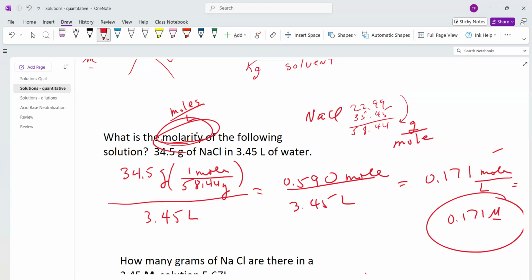To do this in one step, you'd go 34.5, hit the divide key, 58, divide key again, 3.45. That's the same answer as far as your calculator is concerned.